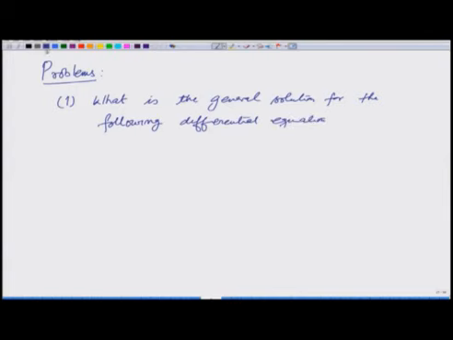I am giving you an equation which is d2x/dt2 equals minus 2x. This is exactly the kind of equation we were finding out in simple harmonic motion.